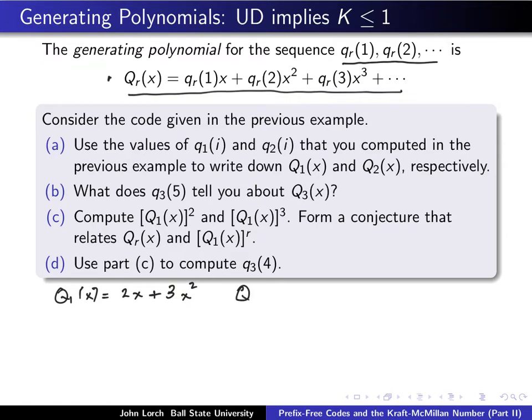Okay, what about capital Q sub 2? Well, here again, we have to remember some little q's that we computed a little while ago. Little q sub 2 of 1 was equal to 0, so we get 0 x's. Little q sub 2 of 2 was equal to 4.